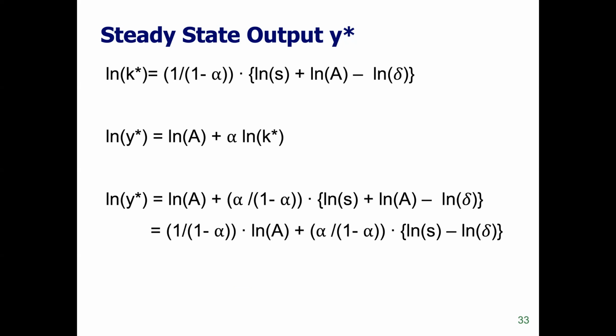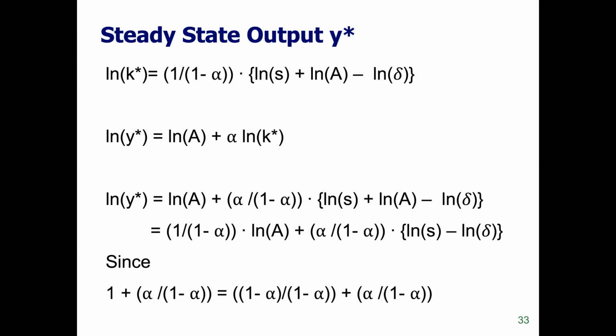If I combine the two terms involving log A, I get the quantity 1 over the quantity 1 minus alpha times log A. So how do I get that? Well, I'm adding 1 plus alpha over 1 minus alpha. And if you do the math there, 1 plus alpha over 1 minus alpha is going to equal 1 over 1 minus alpha. The alpha over 1 minus alpha continues as the coefficient of log S minus log delta.